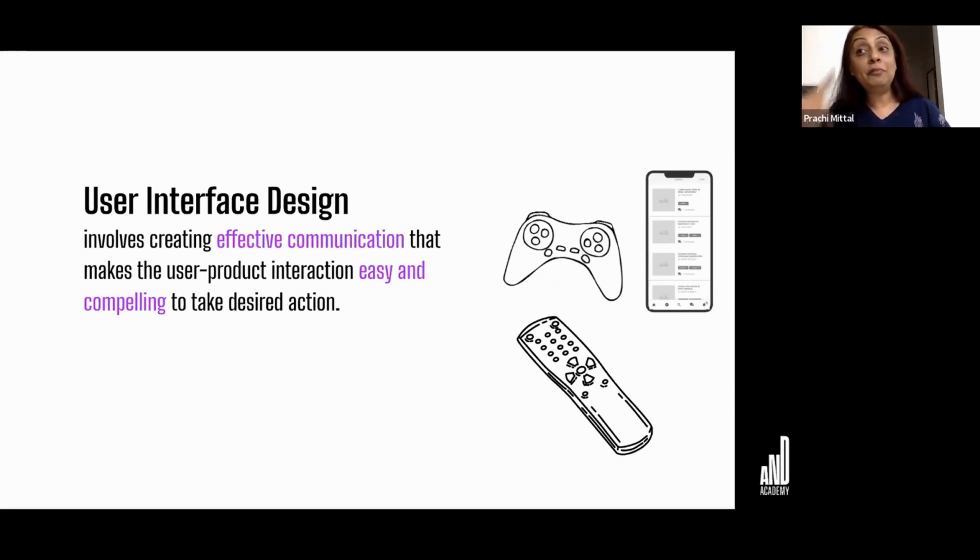But in order for me to avail of all these features and functions, I have to operate it through this remote. Now, if I built all these features and functions into my user experience, but I mess up my user interface, I will never be able to access the features and functions that the air conditioner has to offer, and I will keep struggling with it, right? And therefore, my user experience will get impacted, even though all of those features which were desirable to me were incorporated into the product.